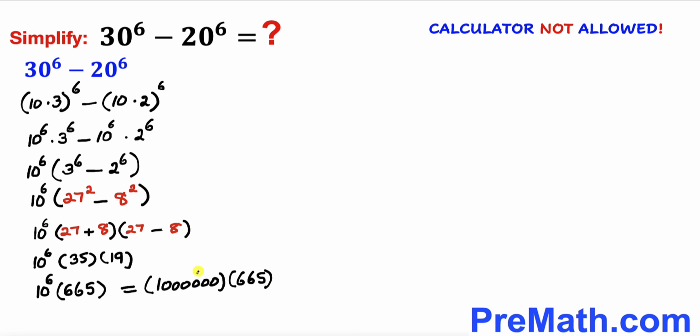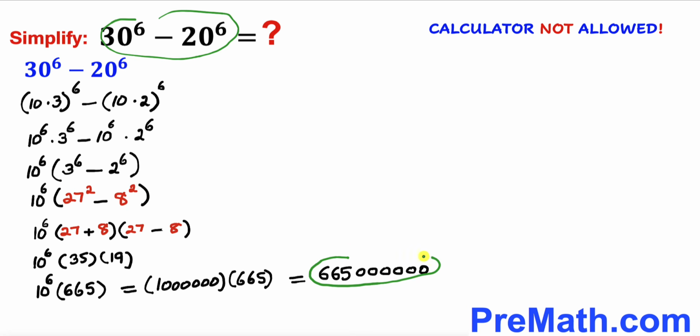When we multiply them, that is going to give us 665 million. That means 6 zeros: 1, 2, 3, 4, 5, 6. So our given expression has been simplified to 665 million.